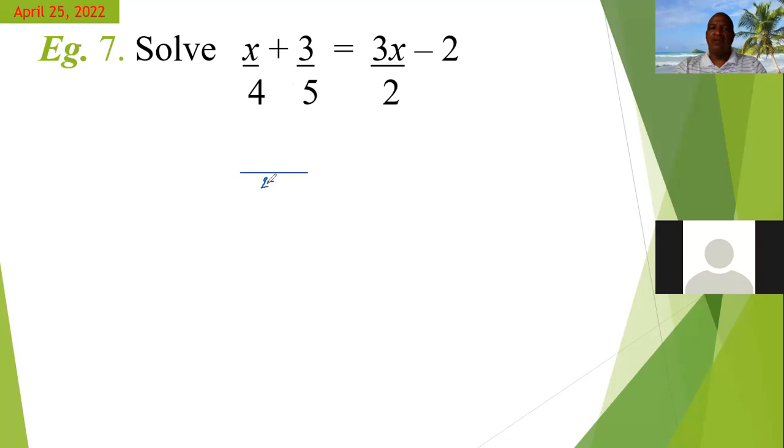And so we apply the general rule that we know about adding fractions. Here we say, what do we do to 4 to get 20? We multiply 4 by 5. So we multiply the numerator by 5, so 5 times x gives 5x.